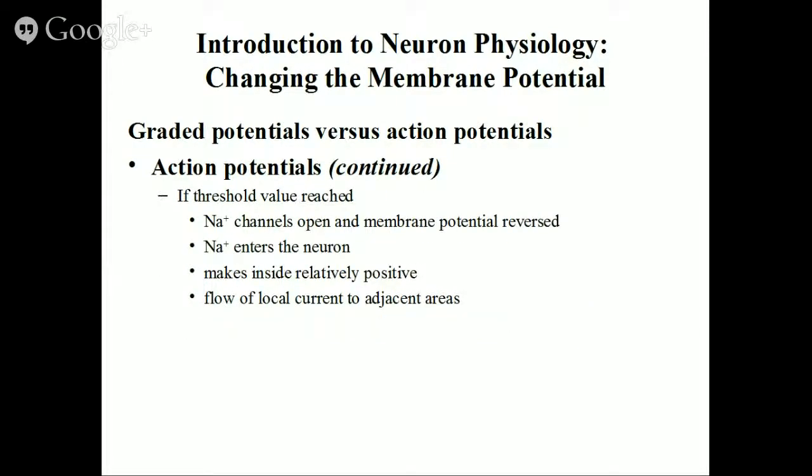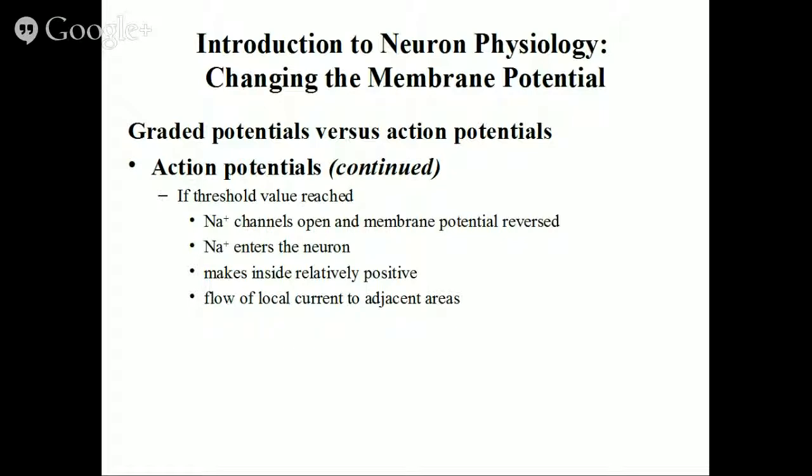So if you notice, if a threshold value is reached, in other words, if we create a high enough millivoltage from that graded potential to stimulate the voltage gated channels so that they'll open on the axon and let the sodium flood in, then we say that threshold value was reached, the sodium channels open, and the membrane potential reversed, because remember, inside that membrane potential was really negative until we let all that positive ion stuff flood in.